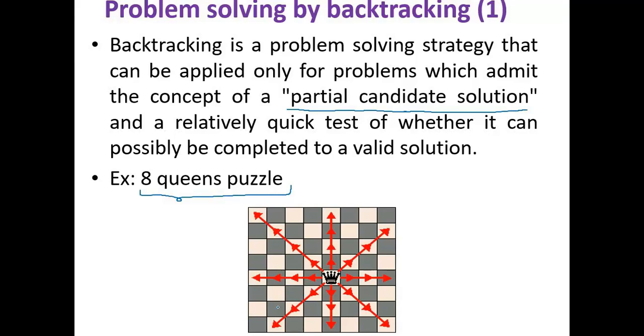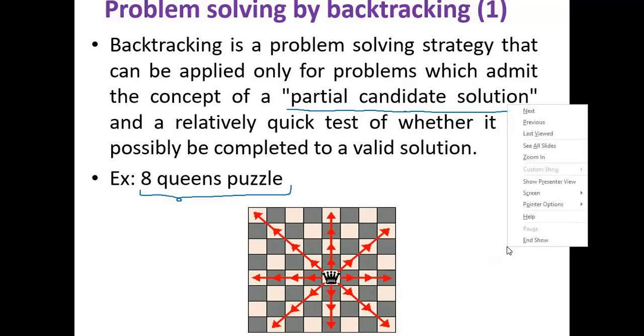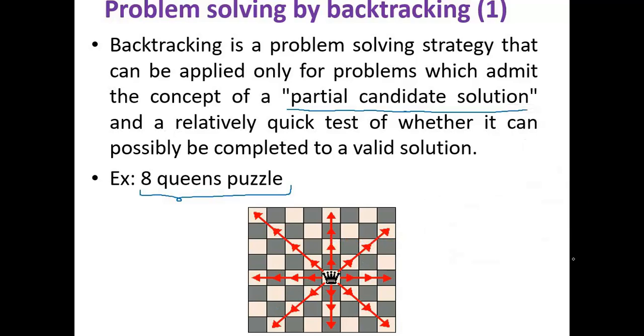So you know the movement of the queen. If there is a queen here, you know the movement. On a chessboard, it will move horizontally, vertically, even diagonally.